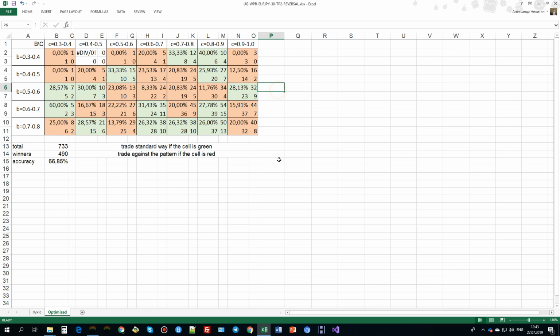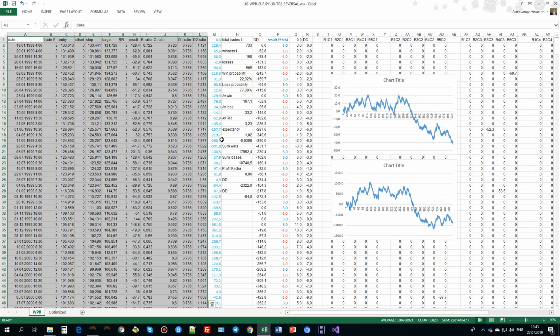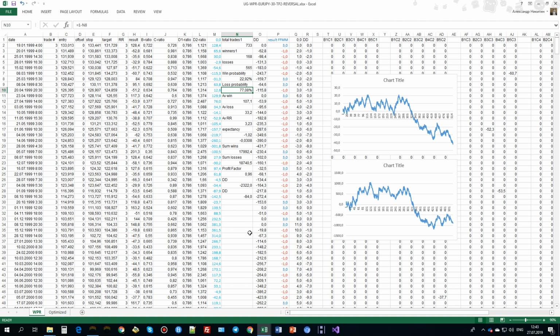Okay, so you see, depending on the target, depending on your stop loss, and depending on the ratio of the pattern, you can have absolutely different results. So some trades are traded the inverse way, some trades are traded the opposite way. Okay, the overall probability of this pattern is 77%.